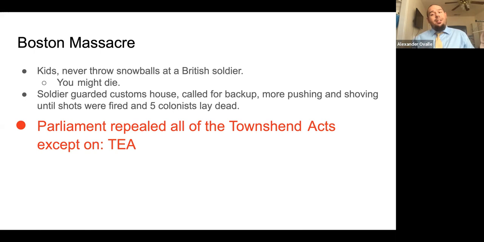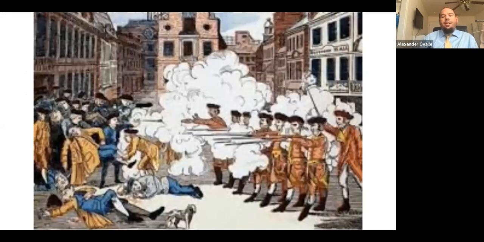Is it truly a massacre? You tell me. Parliament will repeal all of the Townshend Acts except the one on, you guessed it, tea. So here's the famous portrait by Paul Revere of the Boston Massacre.